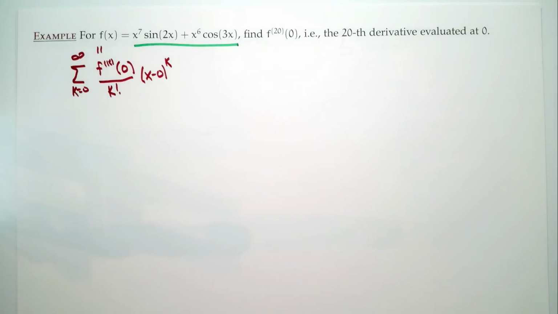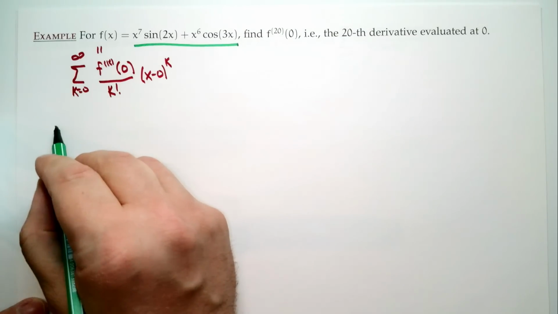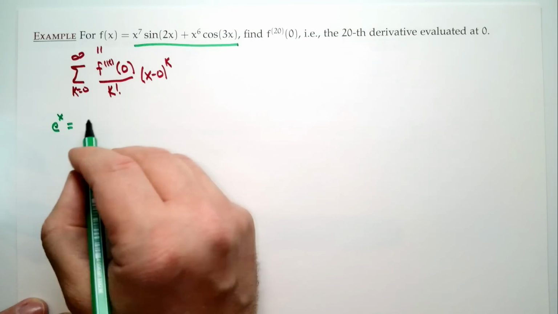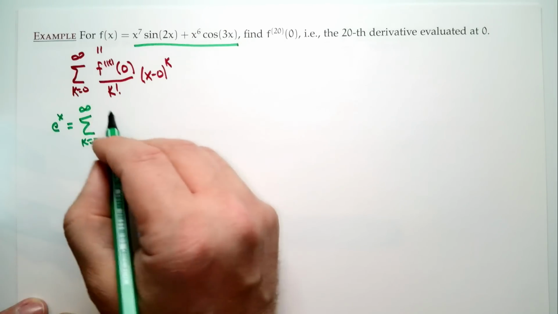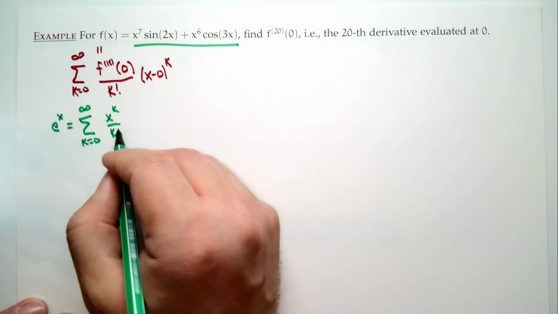Okay. The smart thing is to say, I know a handful of basic Taylor series. So the handful of basic Taylor series you should know, have committed to memory: e to the x, sum k equals 0 to infinity, x to the k over k factorial.